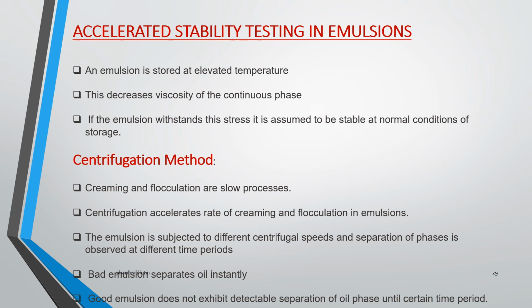Here we are using the same centrifugation method. Here creaming and flocculation may occur. First the emulsion is subjected to different centrifugal speeds and the phase separation is observed at different time periods. If the emulsion is a bad emulsion, it instantly eliminates the oil. If the emulsion is in good condition, there is no separation of the oil phase.